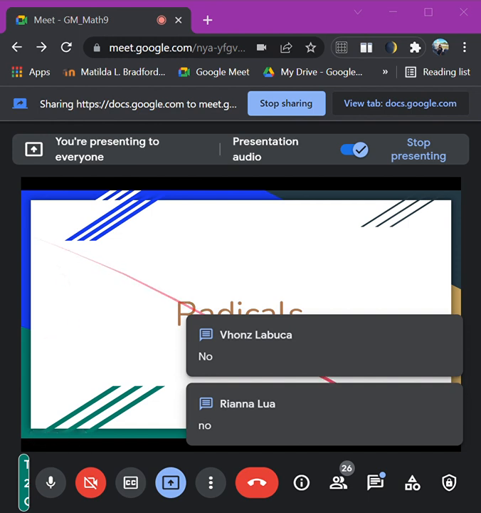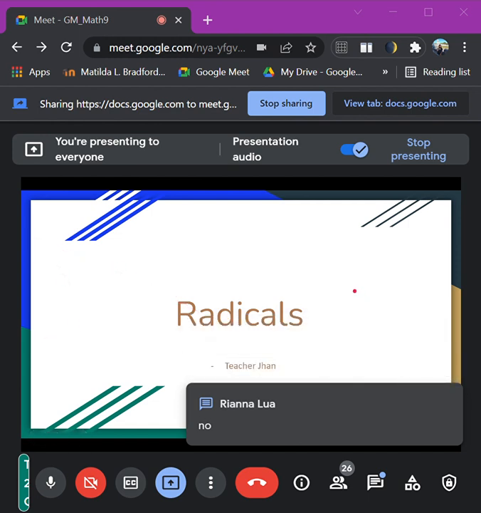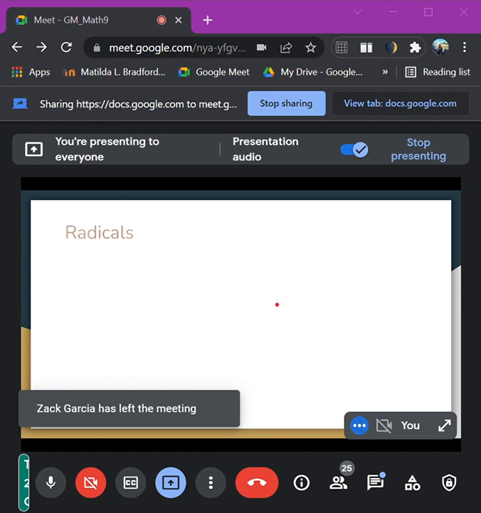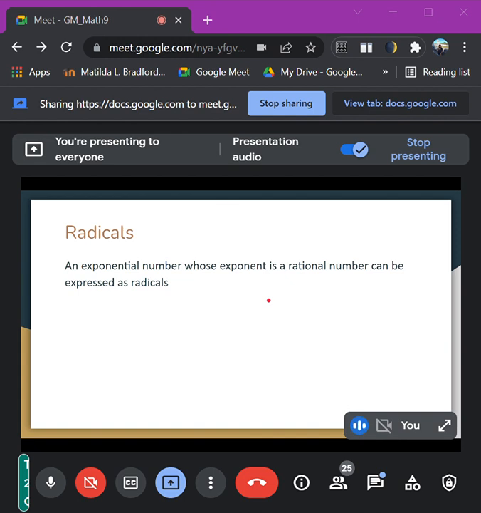Sige. So, actually class, maybe nakita na ninyo siya before, but you name it differently. Okay? Pero radicals diay ito siya. So we have here class radicals. So when we say radicals, an exponential number whose exponent is a rational number can be expressed as radicals.